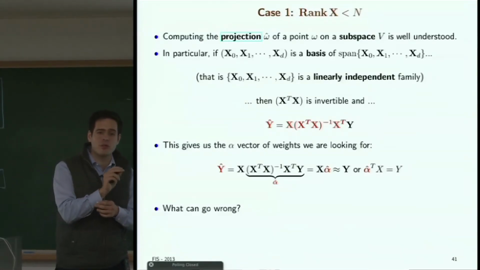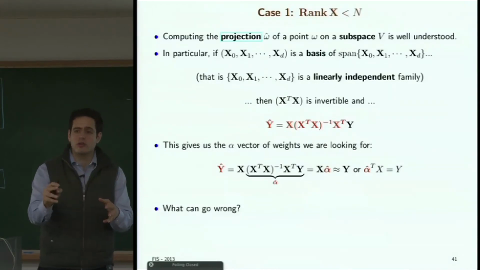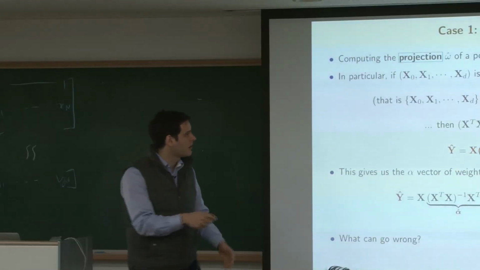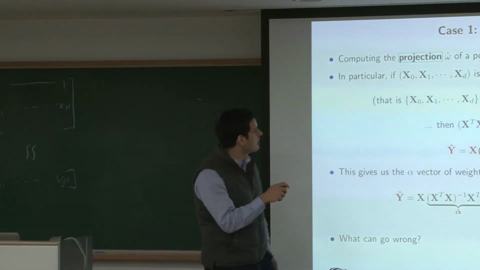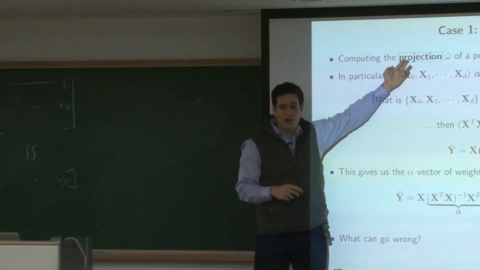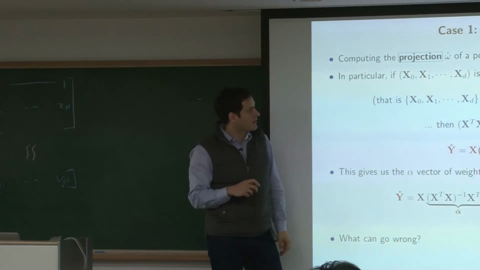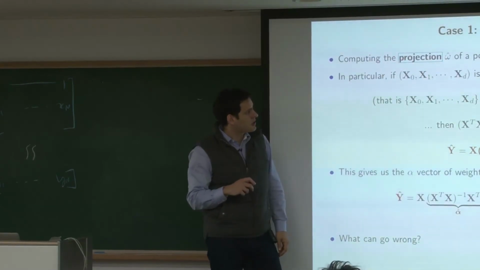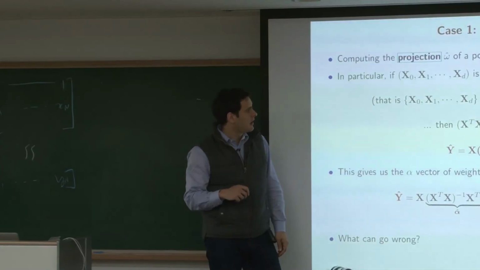Computing the projection of a point onto a linear span of a few vectors is easy. So this is just a Wikipedia link if you want to follow it. If I want to compute the projection omega hat of a point omega on a subspace V, then the only thing that I need to do is apply this formula.